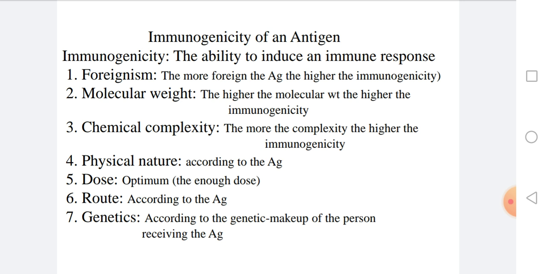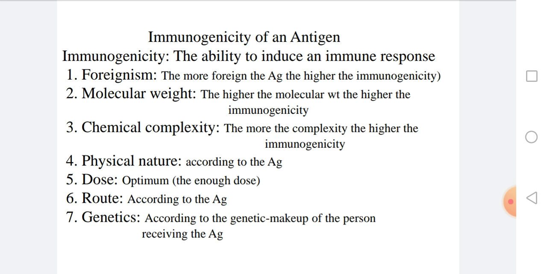Four, physical nature. The antigen can be found as solid, fluid, or gas. Depending on the characteristic of the antigen, the immunogenicity will differ.